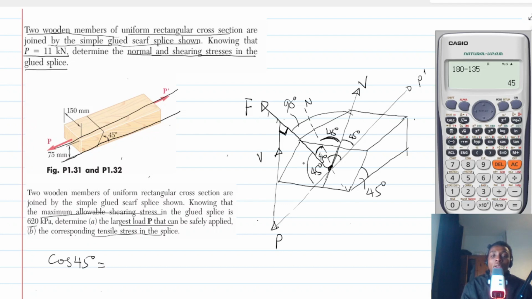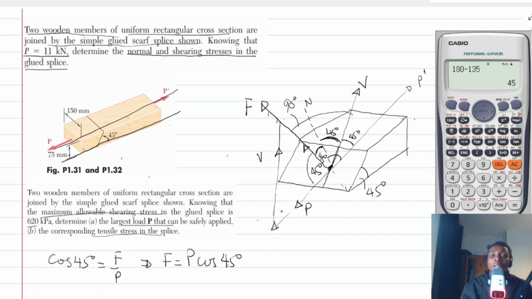So cos 45 is equal to adjacent, and in this case our adjacent will be this side, which is F, divided by the hypotenuse, which is P. You know, the 90 degree here is facing P. So it's going to be F over P. In other words, F is actually P cos 45.